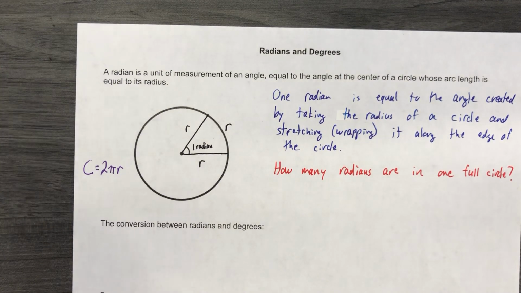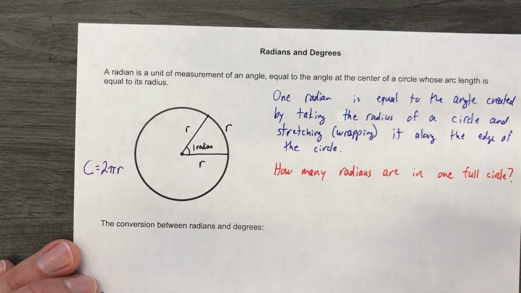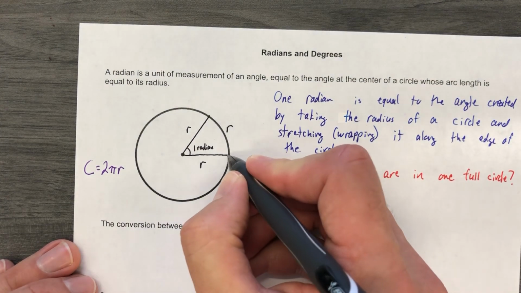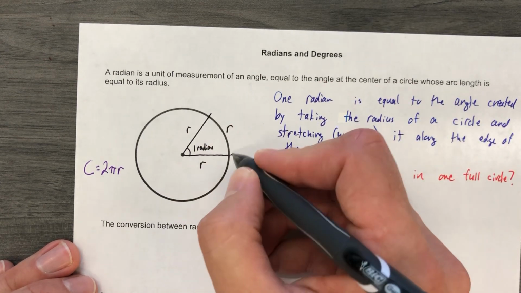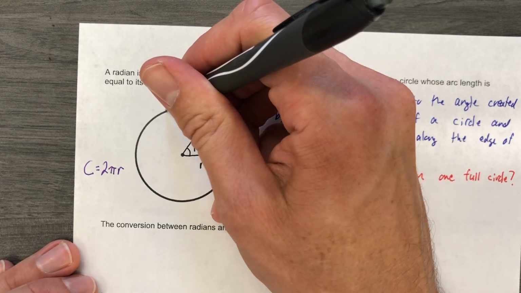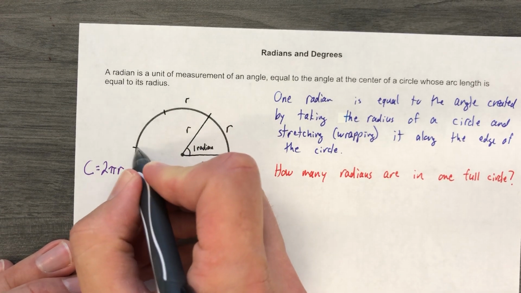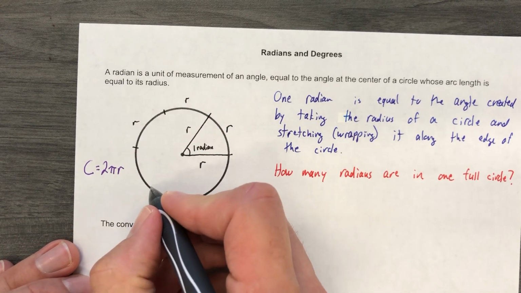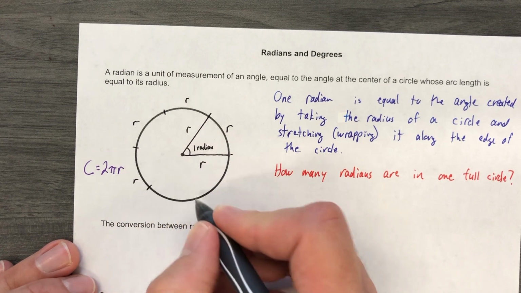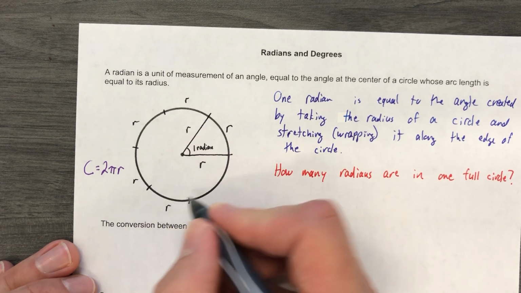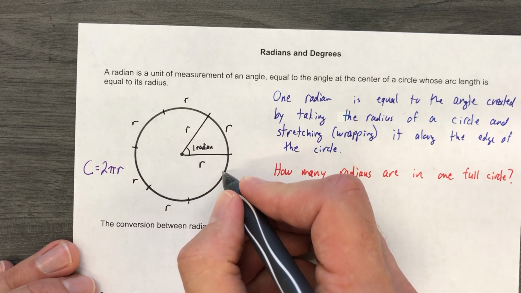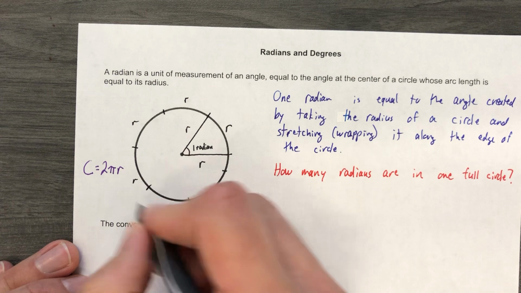If I were to mark off every time I come across a radius, about right there, there's another radius. And about right there, there's another radius. I'm estimating. And about right there, another radius, and then another radius-ish.